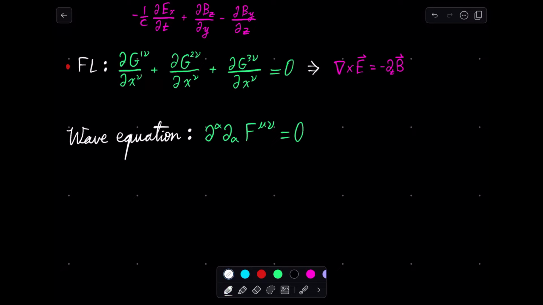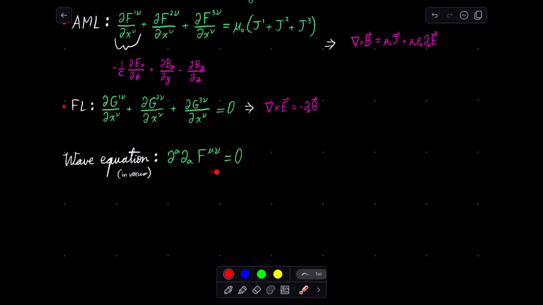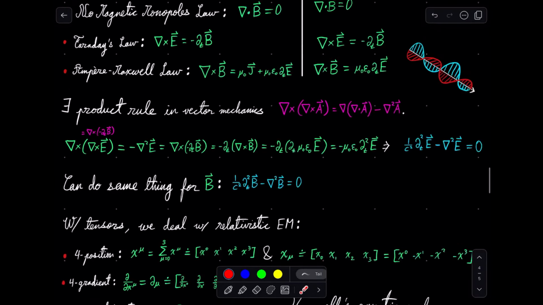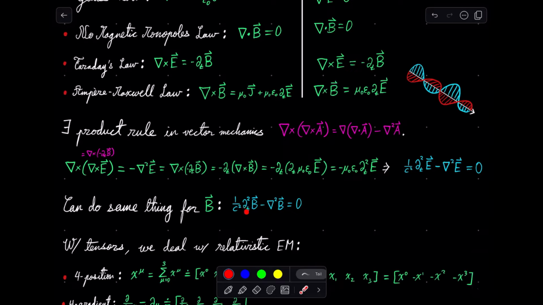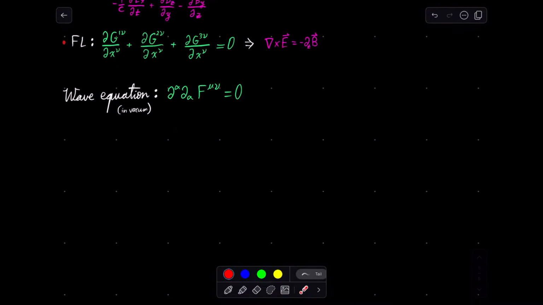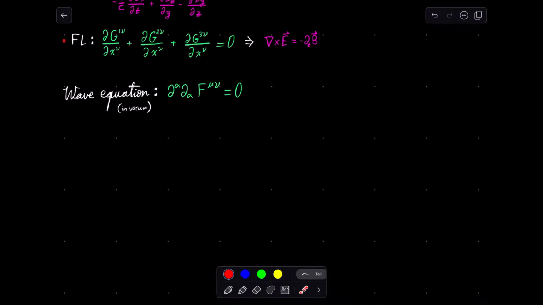This will become the wave equation in vacuum. And you can see that it has a similar form where you have two derivatives essentially, and then you have the fields equal to 0. And that would be the wave equation for the tensor formulation.